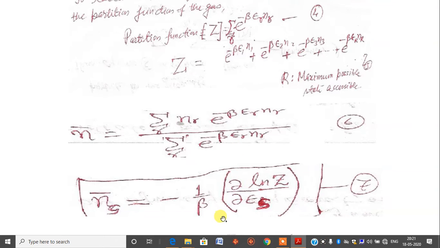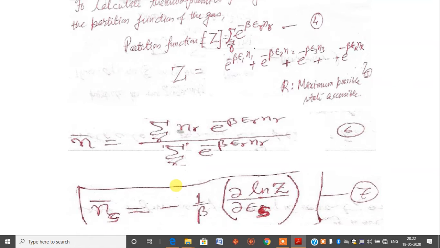You will get 1 upon Z for the first term, then for the second term you will have minus beta and n_3. Minus beta means you divide by minus 1 upon beta. So the derivative of ln Z with respect to this will give you this term. From equation number 7 you can get equation number 6 for any arbitrary s.